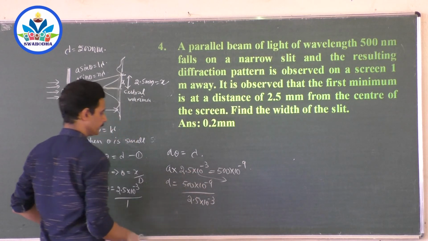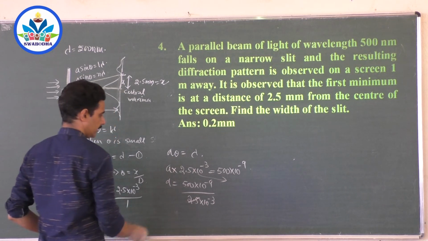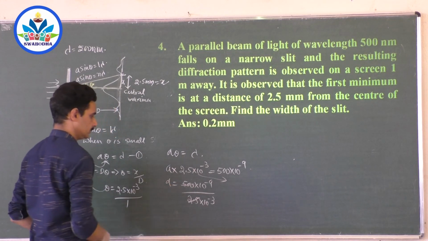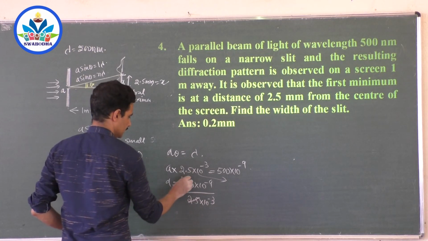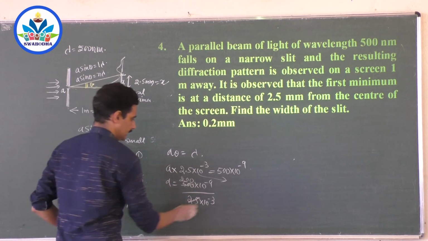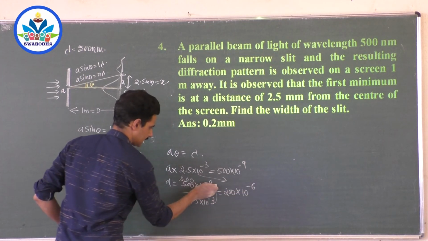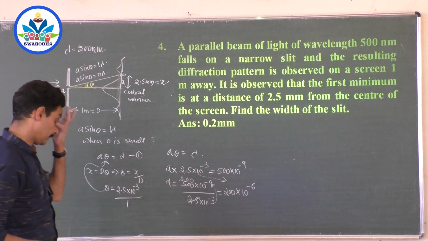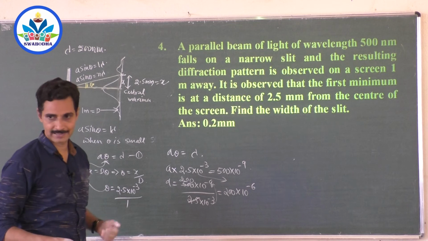So bring it here. If it was 25, it would have been 20 times, right? 2 times 50. Now 2.5, 2 times 0, 0. That is equal to 200 into 10 to the power minus 6, minus 3 and minus 9. Minus 3 becomes plus 3, plus 3, 10 to the power minus 9, 10 to the power minus 6.